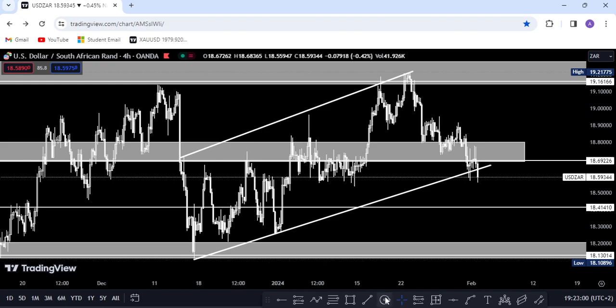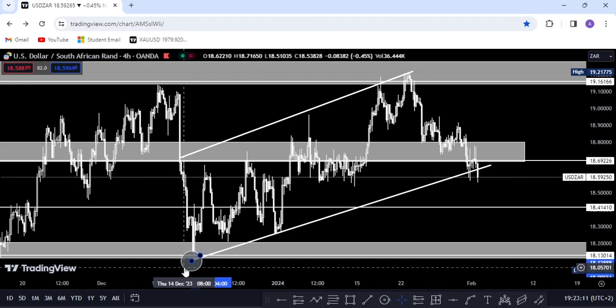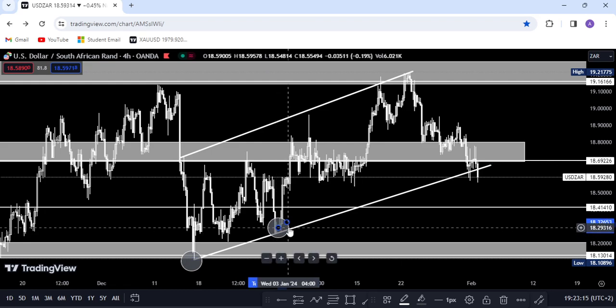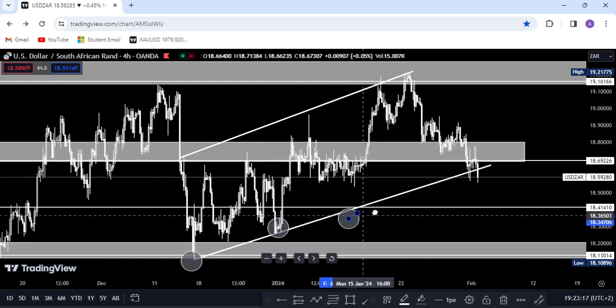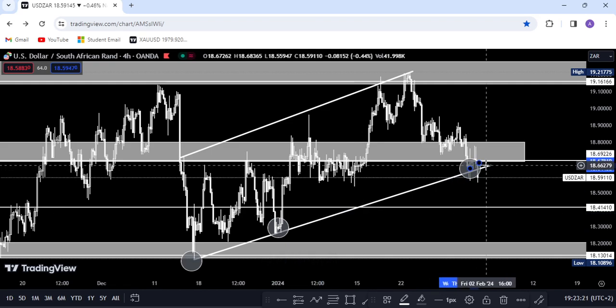As you can see, this is my trend line support because prices bounced there, as well as at this level. This is my trend line support, and here prices are still maneuvering their way.